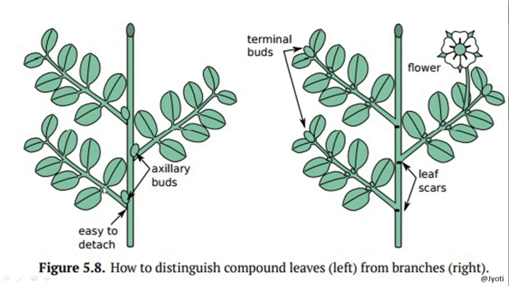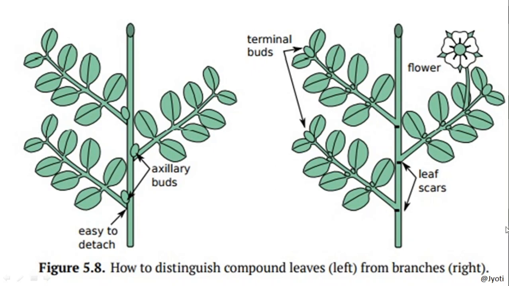This is the petiole of the leaf, and that is developed directly from the stem. They have an axillary bud at the base of the compound leaf, but they don't have an axillary bud at the base of the leaflet, and they don't have a terminal bud either.